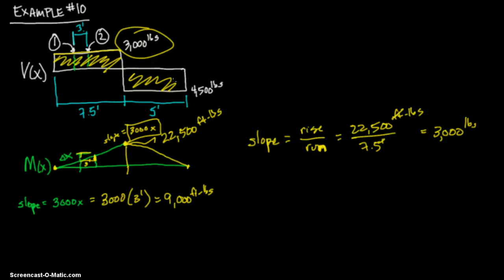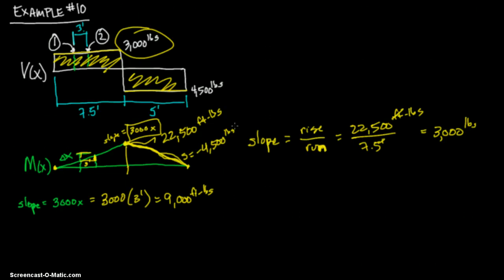Now if you go over here, I want you to think real quick, what is the slope going down? If you've been paying attention and understand it completely, since we said the slope going up is positive 3,000 pounds, the slope coming down here is going to be negative 4,500 pounds times x.